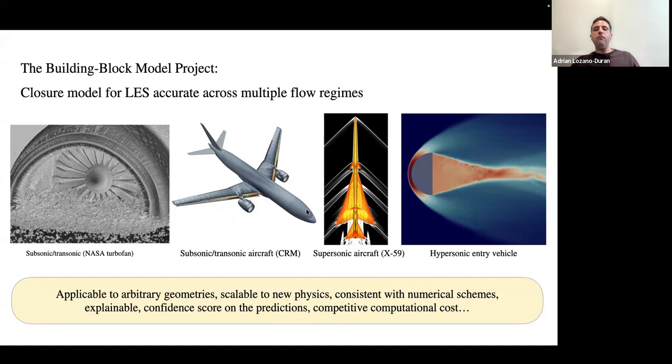As you see here, the model will account for some physics, but it should be able to scale up to new physics. It has to account for the numerical schemes and provide some explainability about what the solution is, and also have some confidence in the prediction and computational cost. So it should be competitive.